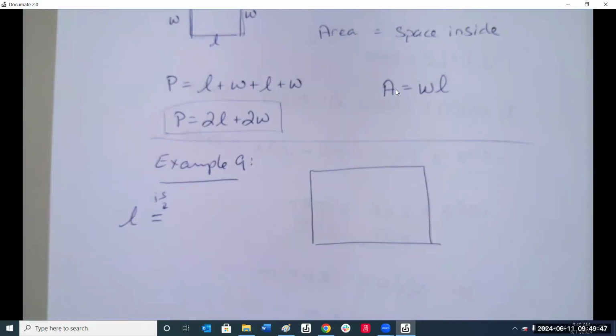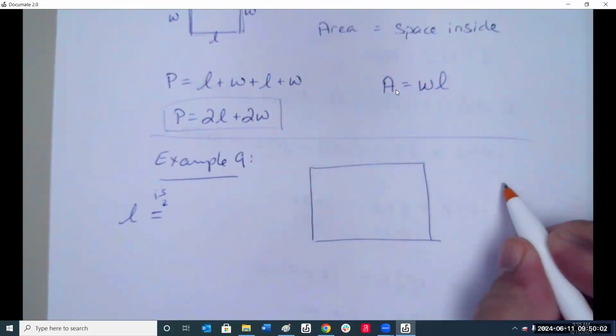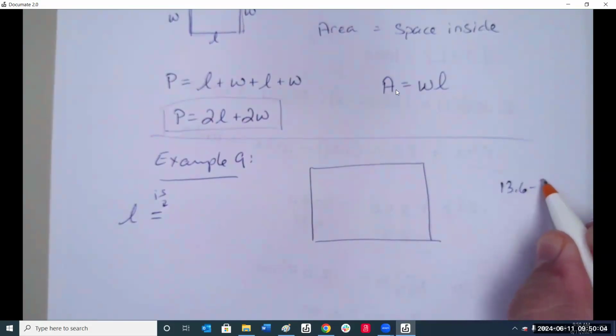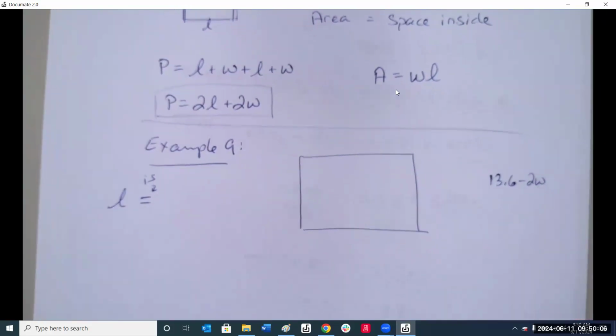How would you write that? 13.6 minus 2W.